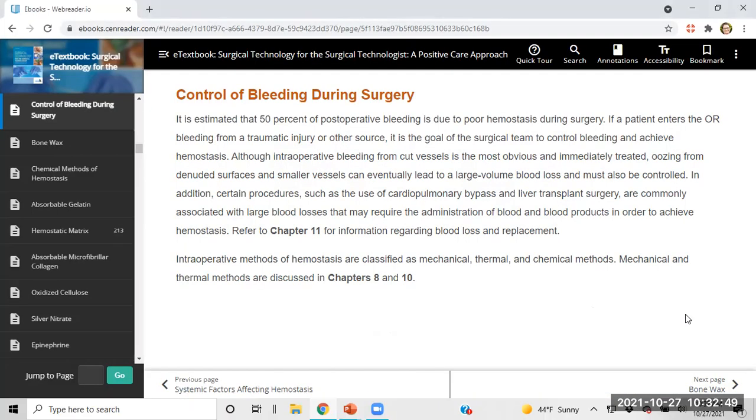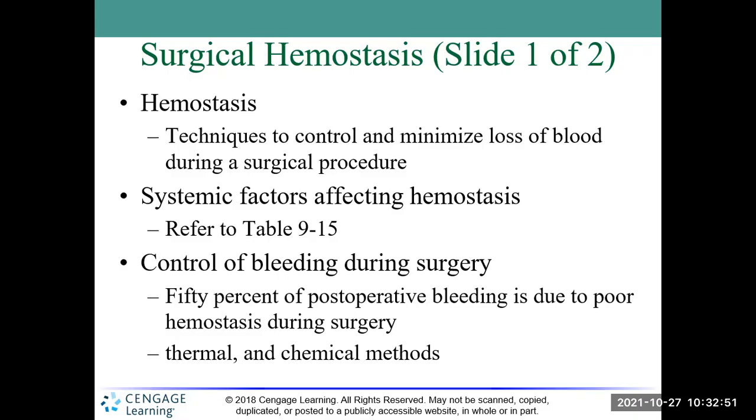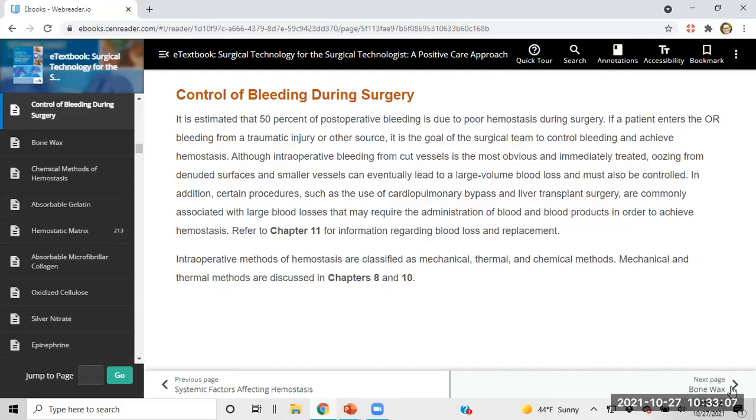And then, of course, thermal and chemical methods. Thermal would be cooling devices that can be added to slow bleeding, because we know that cold causes vasoconstriction. Chemical methods as well, so we're talking about some of those medications that can be applied for that.